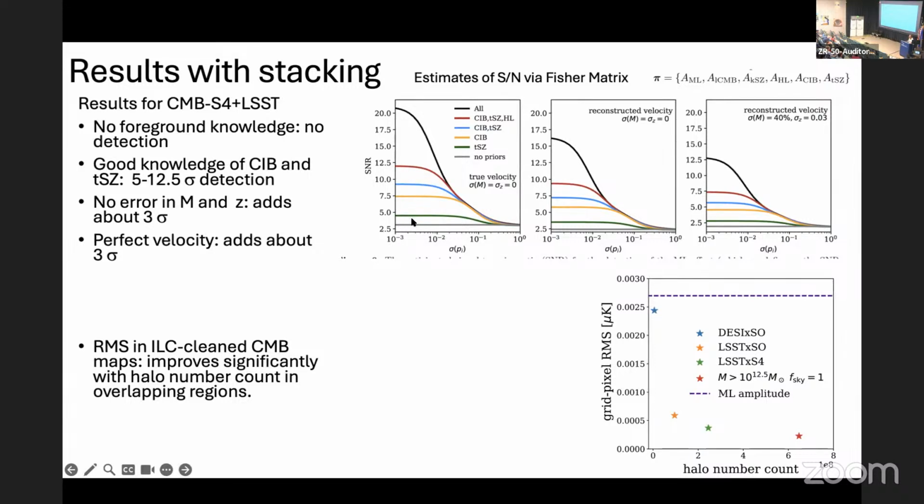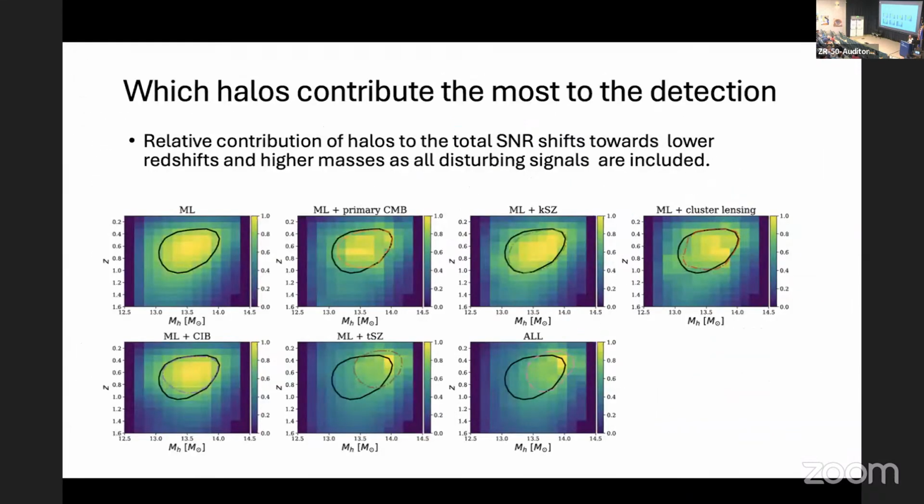If you just take the simple component separation approach that we adopted, you don't get a detection essentially. But if you are able to subtract better, especially the CIB and the tSZ, but also to some extent the halo lensing, then you can get a detection with a signal to noise of 5 to 10, according to what you do. So hopefully that can be done.